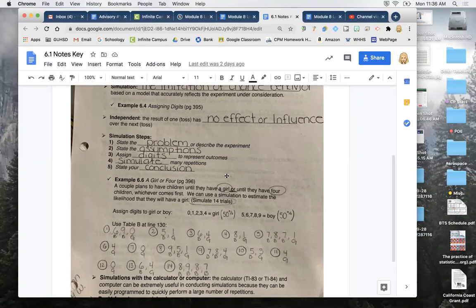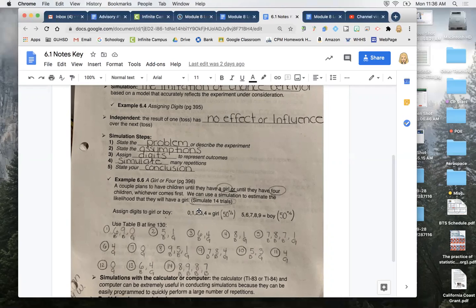I would instead use 4 different numbers, like 1, 2, 3, 4. A 75% chance would mean that she would make the basket on 1, 2, and 3, and she would miss it on a 4. So that's how you would do a 75%.